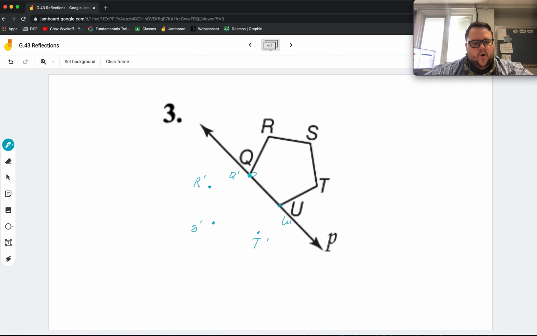So now let's draw our lines. Q, R, S, T, U, and that is my image. My pre-image is QRSTU, and my image is Q prime, R prime, S prime, T prime, U prime.